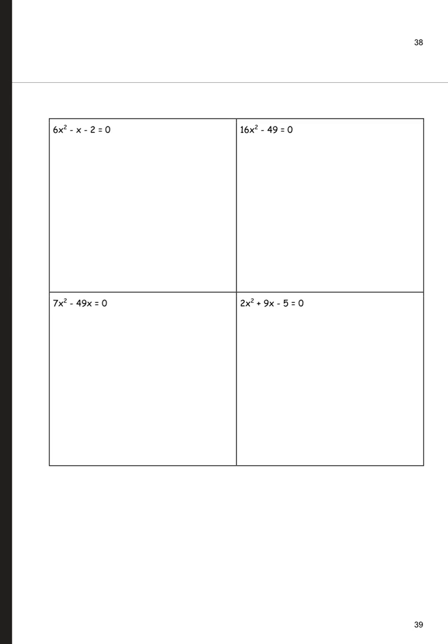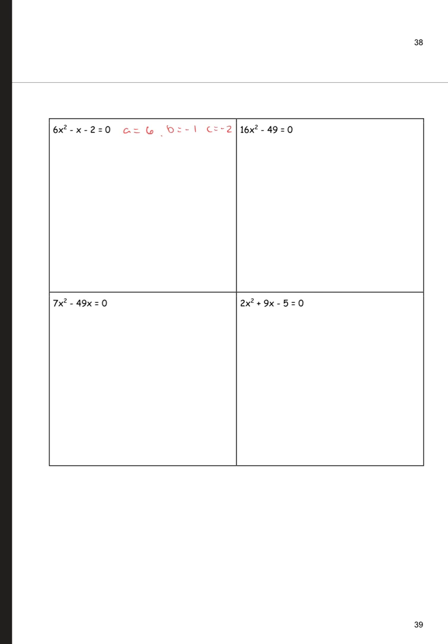All right, so now down here is when we're going to be looking more so at the trinomials where a is greater than 1. So looking at the first one, we have 6x squared minus x minus 2 equals 0. So here I can see I do not have a GCF. So I have where a is equal to 6, b is equal to negative 1, and c is equal to negative 2.